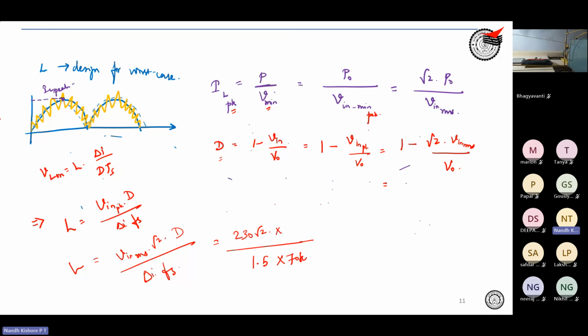V in RMS is 230 into 1.414 divided by 400 volts. So 0.8135, minus 1, so your duty is 0.187. Is this fine?